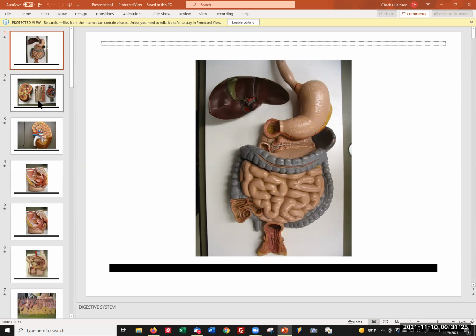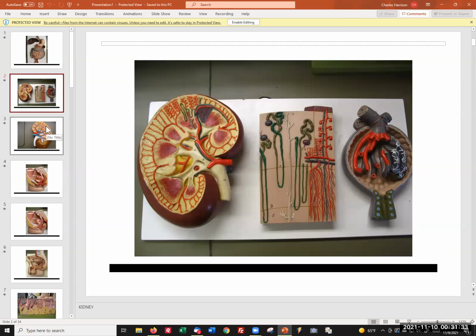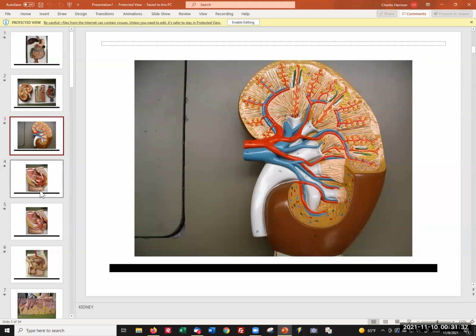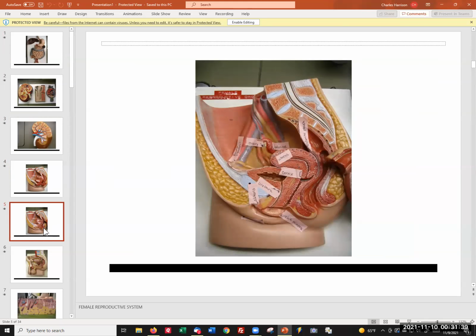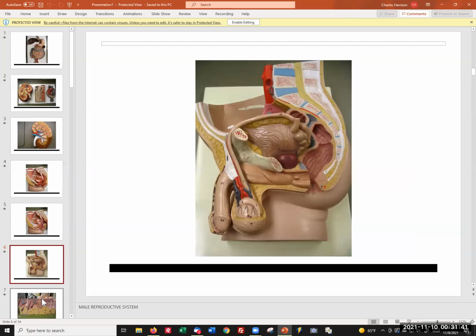You saw that, okay, and then you saw the stomach, and you saw some of this. Those are all labeled. So these are labeled in the text. Okay, here's our kidney. It's labeled in our previous text. Okay. So you can get an idea of what models we're going to use.